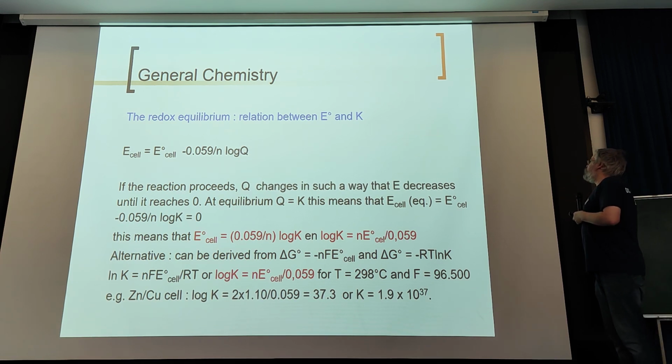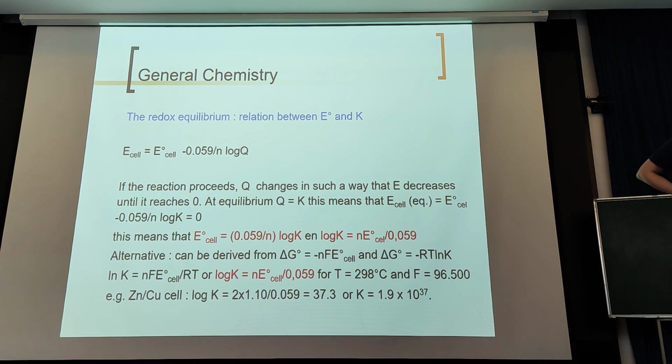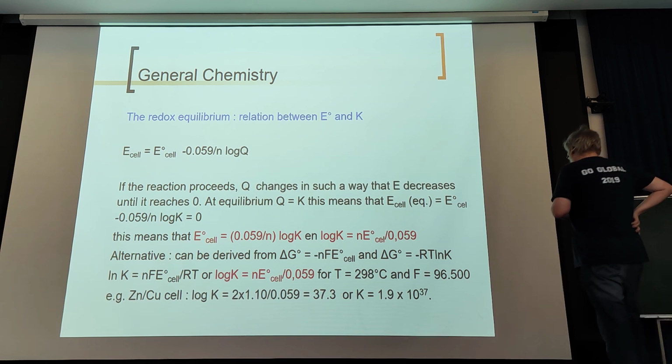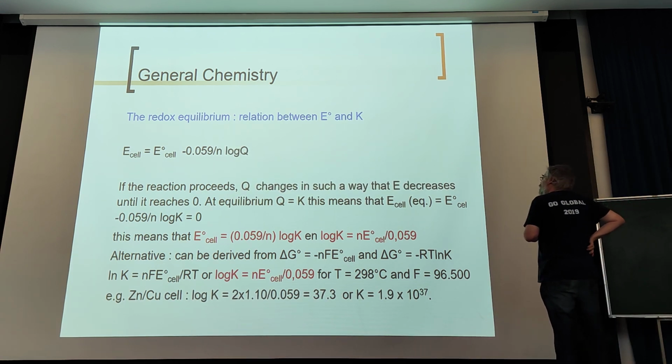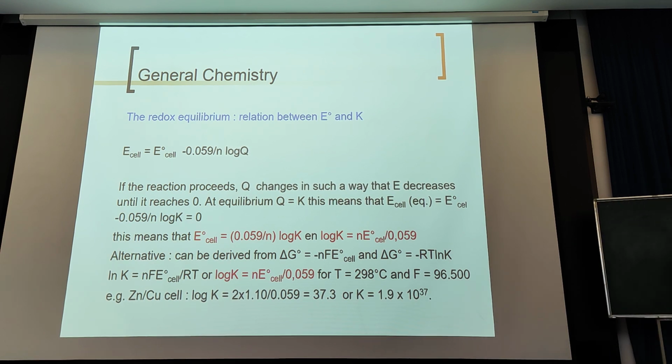So, in a redox equilibrium, there's a relation between the potential difference in the cell of the reaction and the equilibrium constant. And here we have the expression which is the Nernst equation.